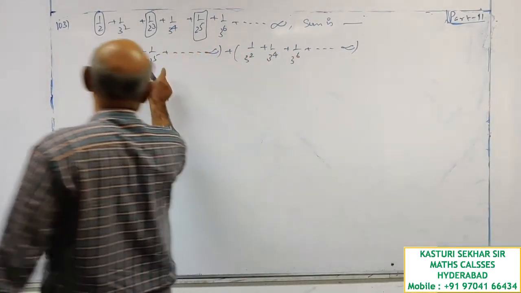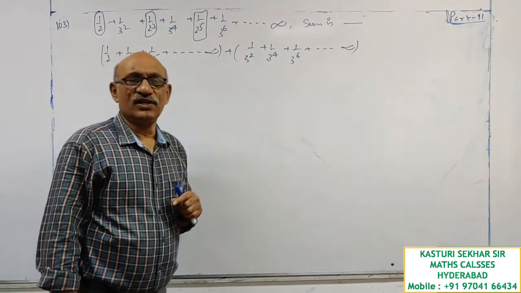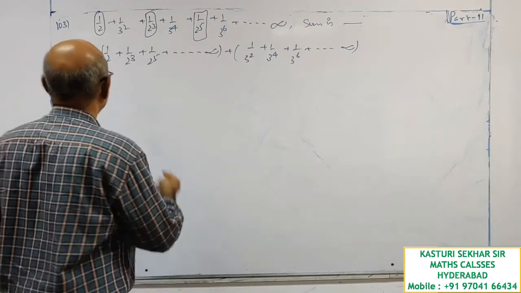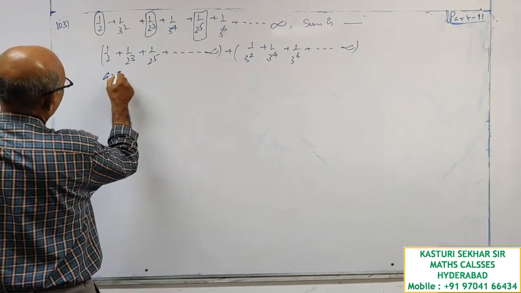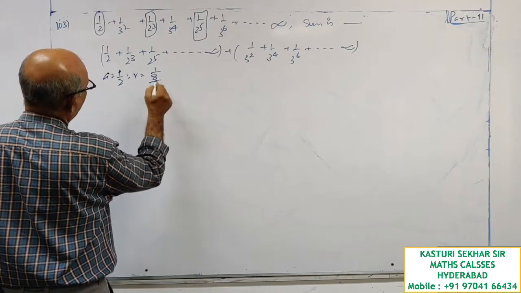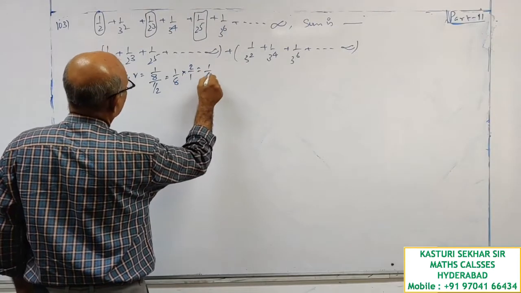Now it is an infinite geometric series. This is also an infinite geometric series. Let me calculate their sum separately and I'll add. Here A is equal to 1 by 2. Common ratio: 1 by 8 divided by 1 by 2, 1 by 4.